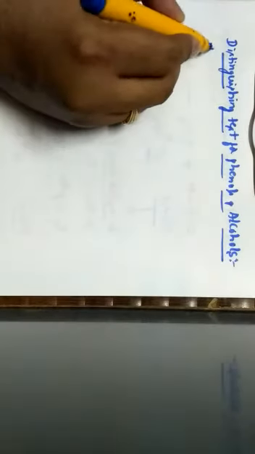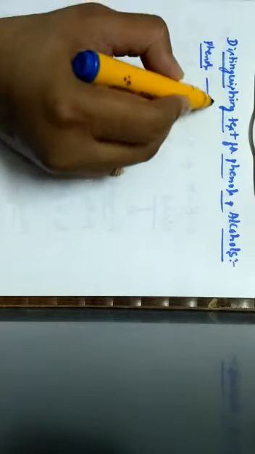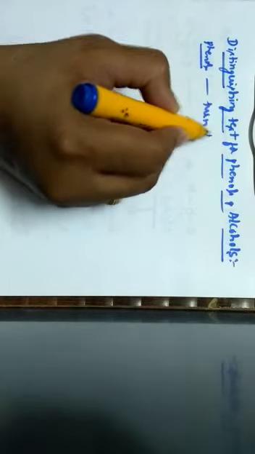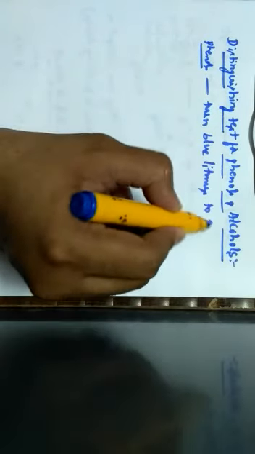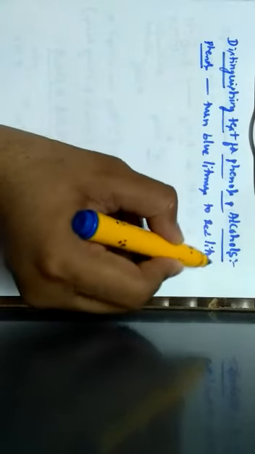So now let us continue with the distinguishing test for alcohols as well as phenols. When we consider phenols, phenols can turn blue litmus to red litmus.